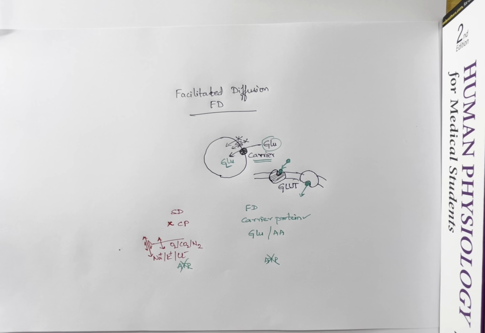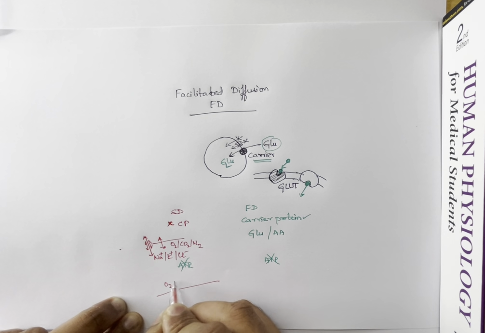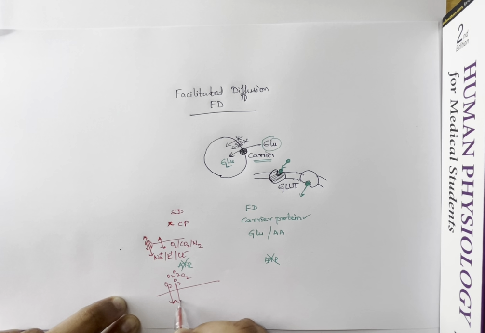Now, what happens if there is an increase in the concentration gradient? Is the rate of diffusion affected? Consider if you increase the concentration of oxygen, more and more oxygen can pass through the lipid bilayer.